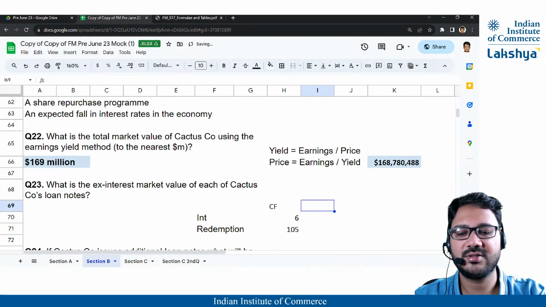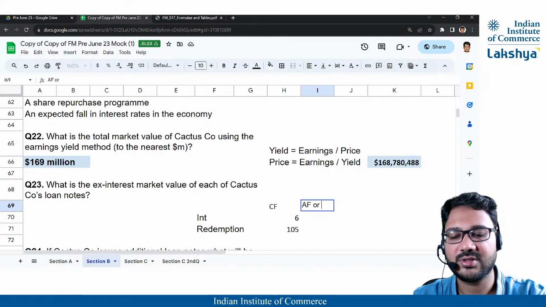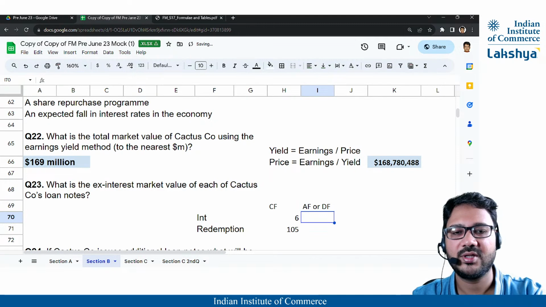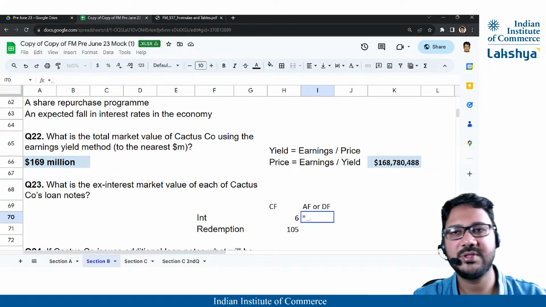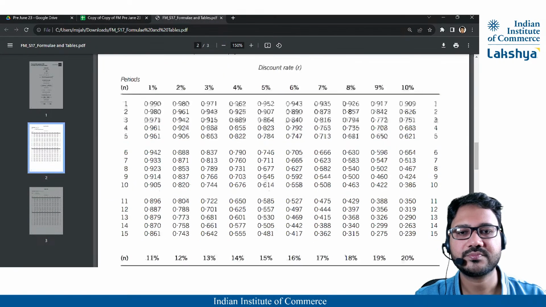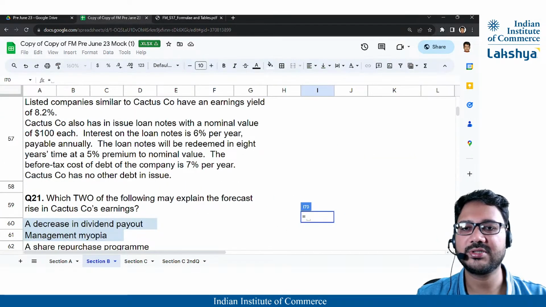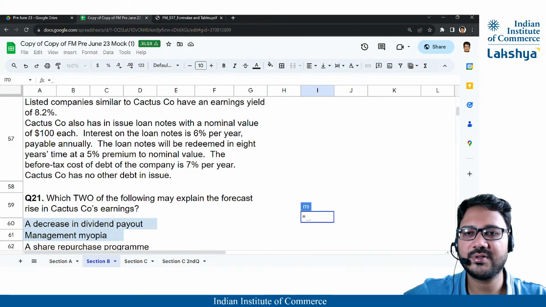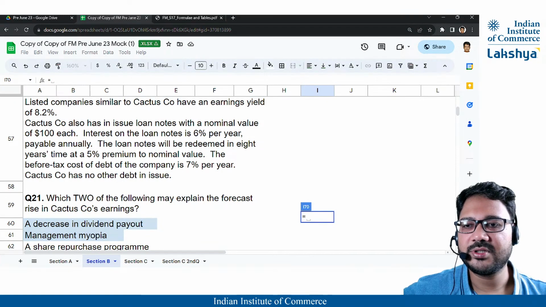And what is our annuity factor or discounting factor? Now, in case of interest, it's an annuity, so annuity factor will be... now what was our discounting rate? Now, discounting rate, we have 7% per year.